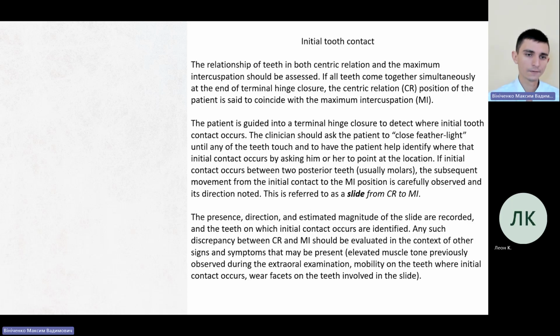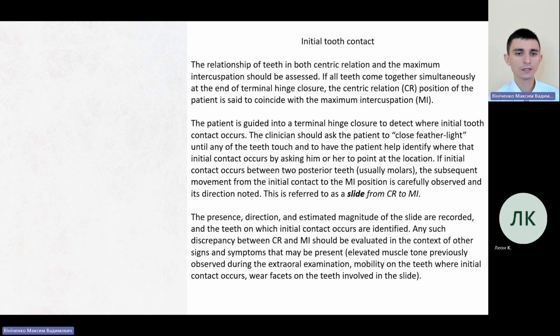Initial tooth contact. The relationship of teeth in both centric relation and maximum intercuspation should be assessed. If all teeth come together simultaneously at the end of terminal hinge closure, the centric relation (CR) position of the patient is said to coincide with the maximum intercuspation.